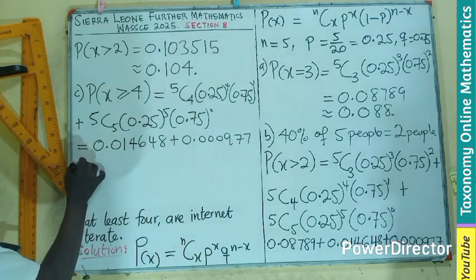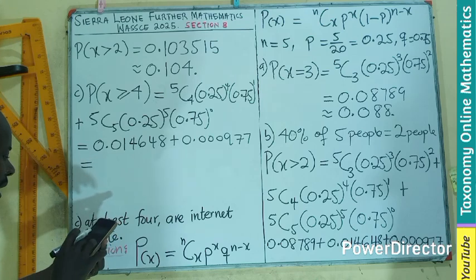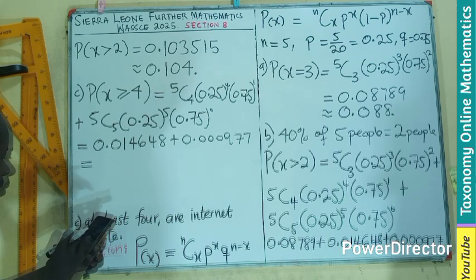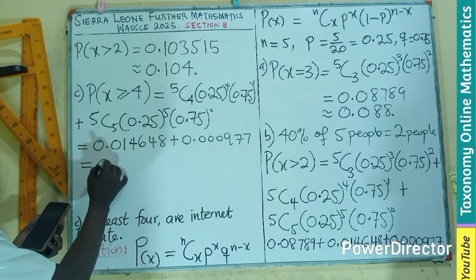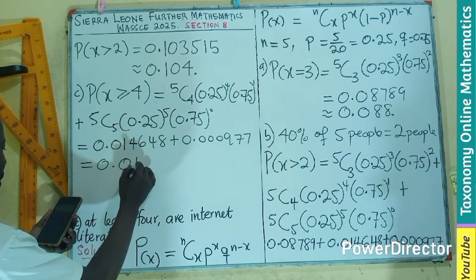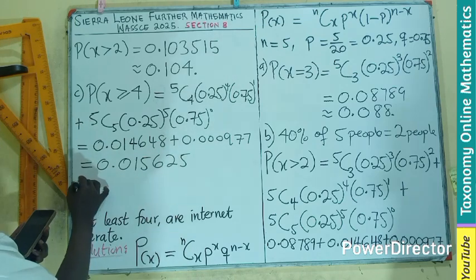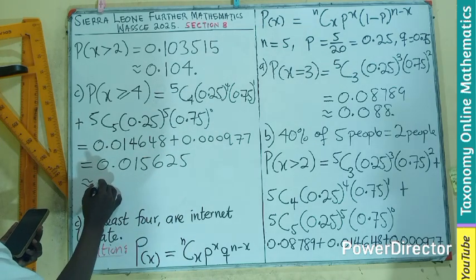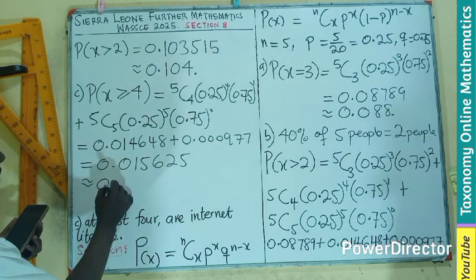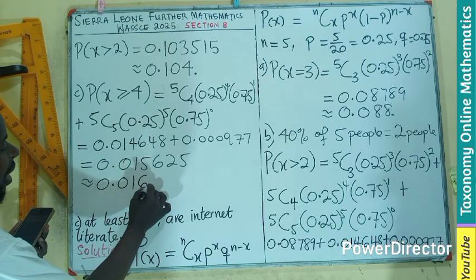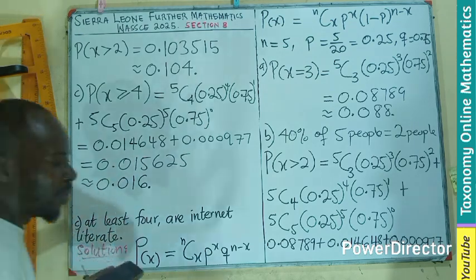Adding these on the calculator gives 0.015625, approximated to 3 decimal places.